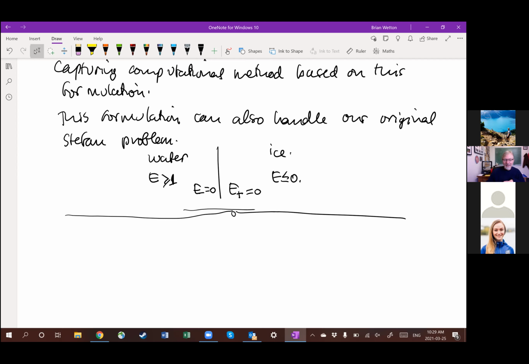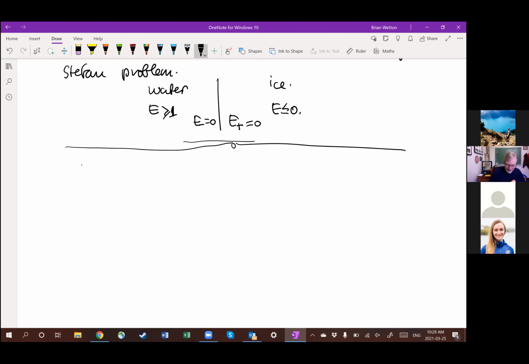So in that sense, let me follow this a little bit more. Let me highlight the difference between a tracking method and a capturing method.